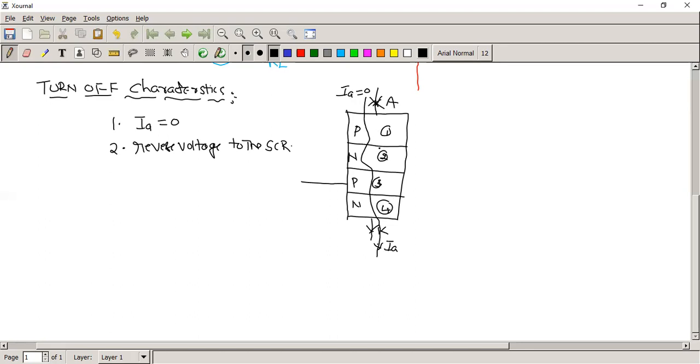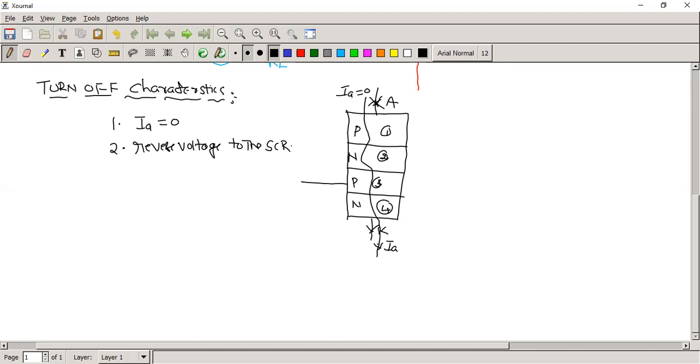From the outer two layers, 1 and 4, you can remove the charge carriers. But inside layers 2 and 3, we can't remove the charge carriers. If you do not remove the charge carriers, the device does not regain the blocking capability.